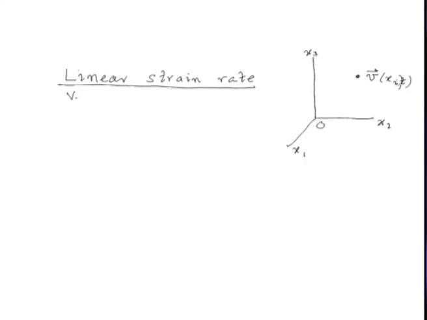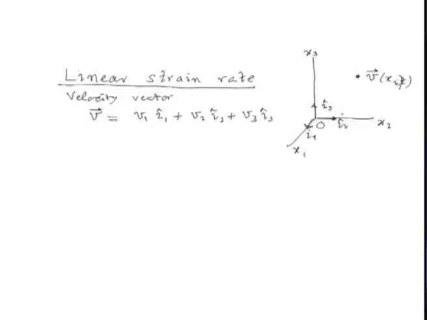Now, the velocity vector V can be expressed in its component form V1 I1 plus V2 I2 plus V3 I3, where these I1, I2 and I3 are unit vectors in x1, x2 and x3 directions respectively.